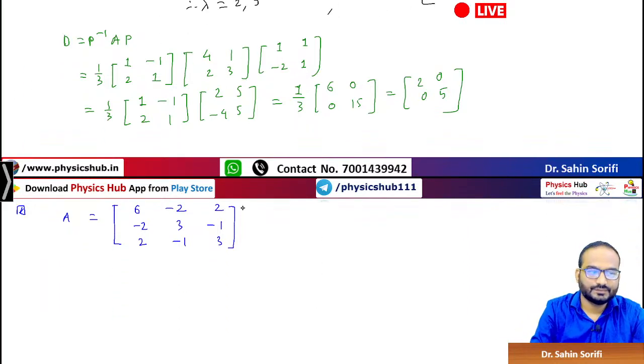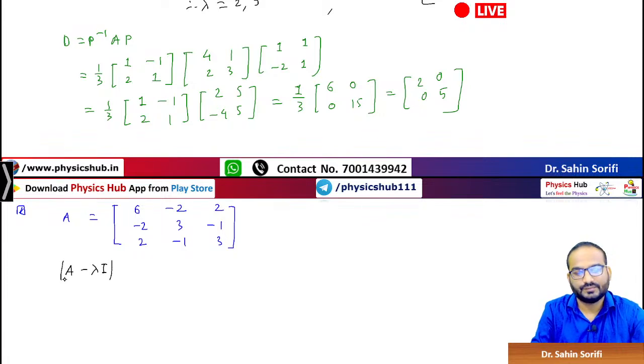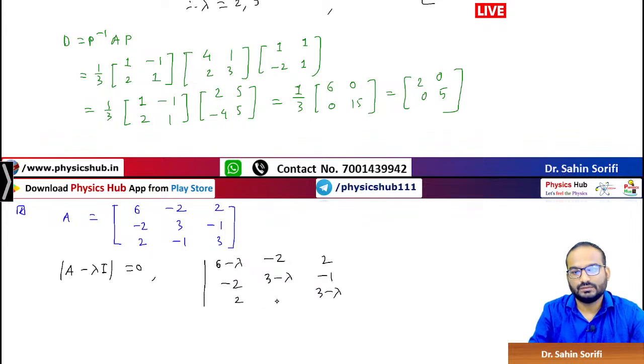Again, the characteristic equation: determinant of A minus lambda I equals 0.